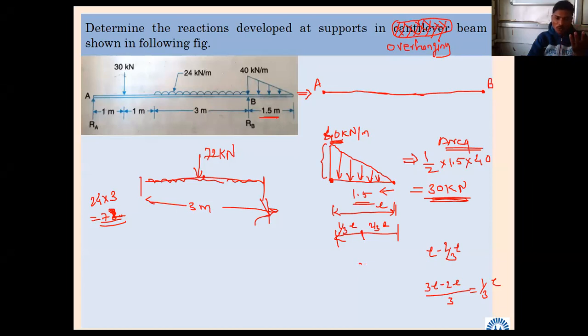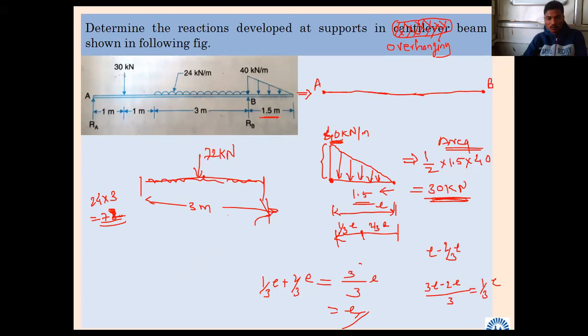The choice is yours, what you want to remember. 1/3 L plus 2/3 L: the denominator is the same, so 3, and numerator 1 plus 2 is 3, divided by 3 L, that is L. For UVL you have to remember this forever: whenever there is a UVL, from the apex you have to take 2/3 of the distance.